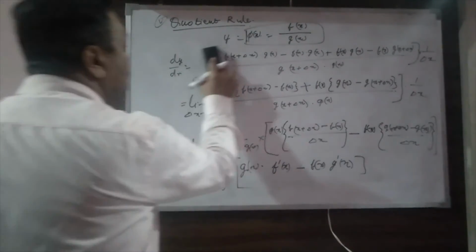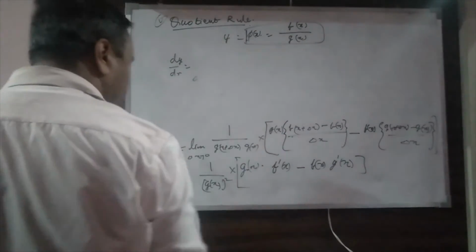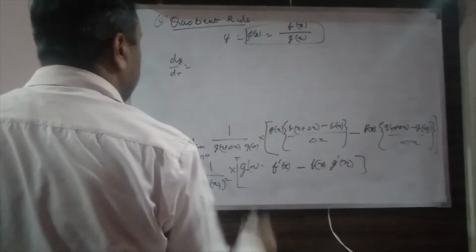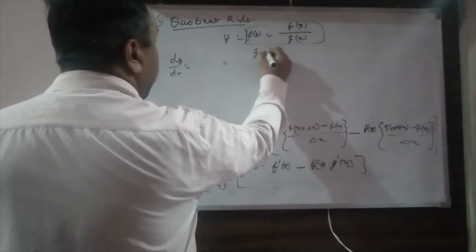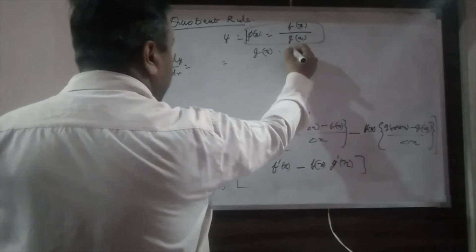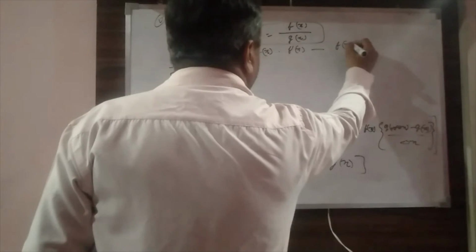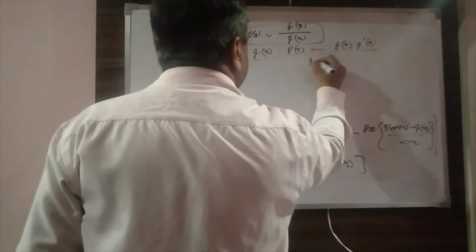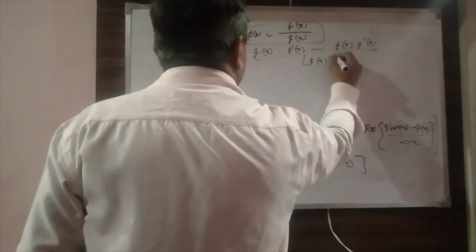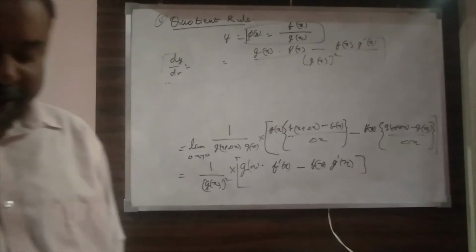So finally what I am getting is dy by dx is equal to gx multiplied by f dash x minus fx multiplied by g dash x divided by gx whole square. This is what I am getting.